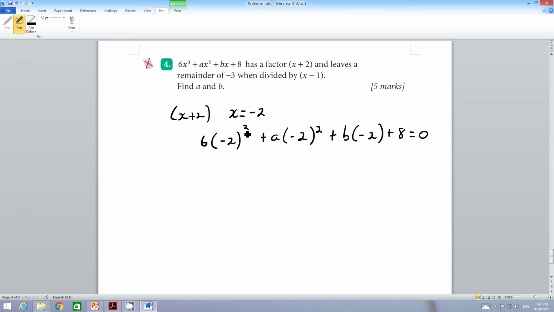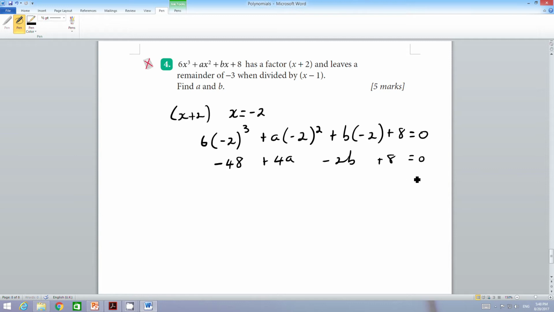So negative 2 cubed is negative 8. 6 multiplied with negative 8 is negative 48. Negative 2 squared is 4, so plus 4a minus 2b plus 8 is equal to 0. Negative 48 plus 8 is negative 40.